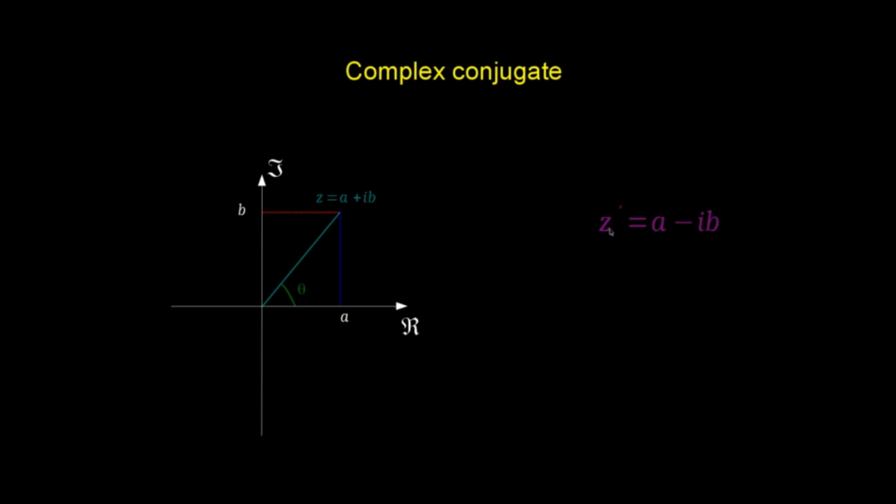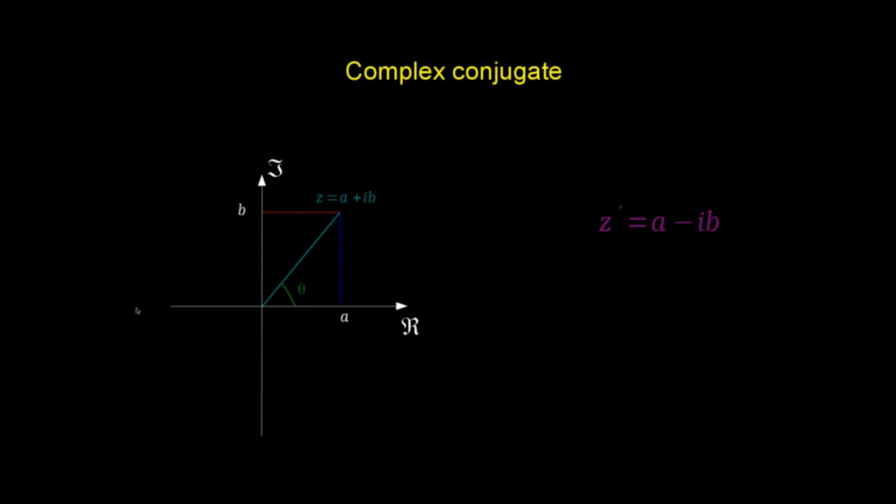This notation here, you can also have a z with a line above, but I prefer to use this notation here. And what does this mean in the Argand diagram?